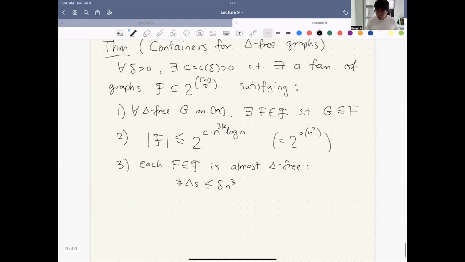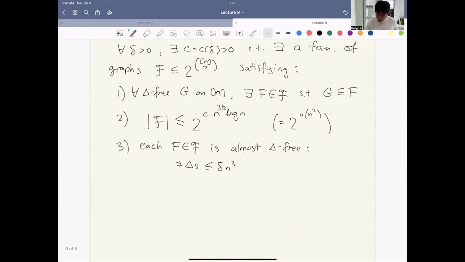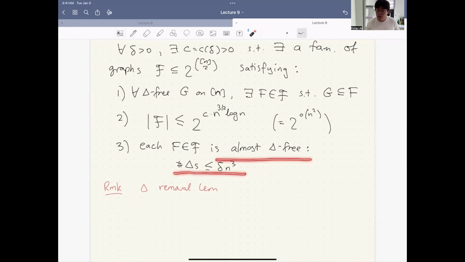So here's the remark that I made earlier. The triangle removal lemma says that for every n-vertex graph, if the number of triangles is at most delta n cubed, a negligible amount, so the triangle density is small enough, then we can remove a negligible amount of edges so that the graph is triangle-free.